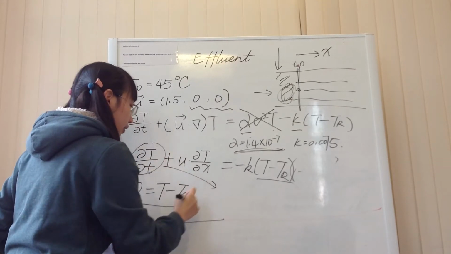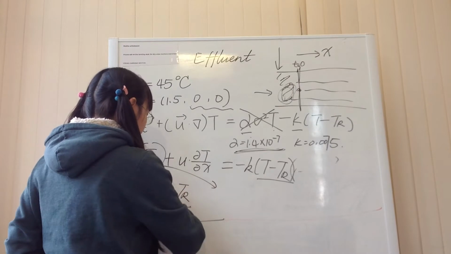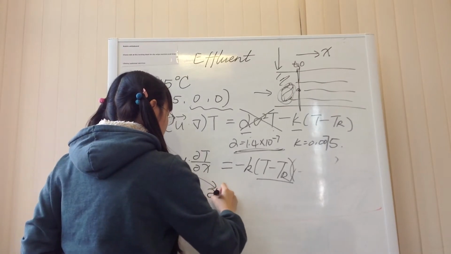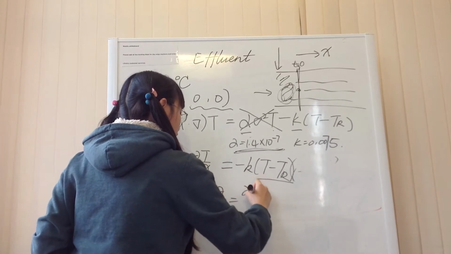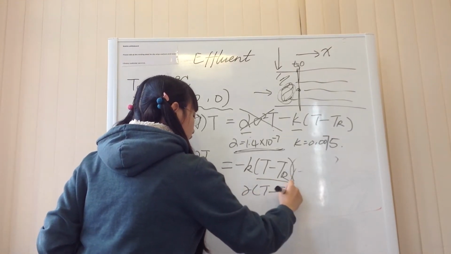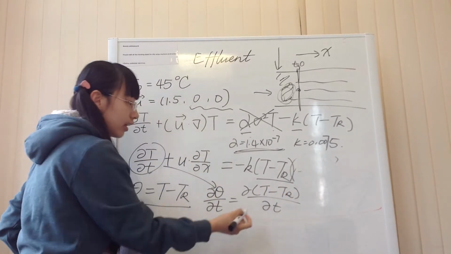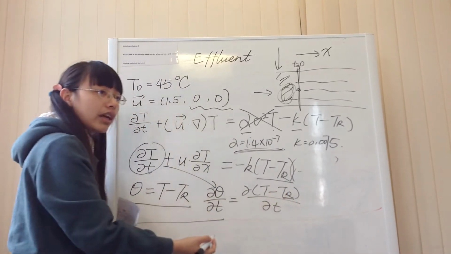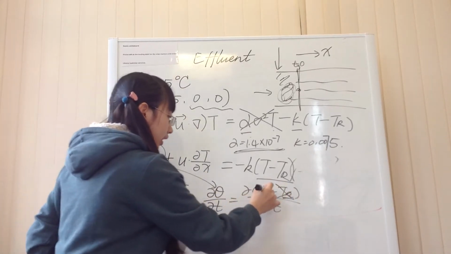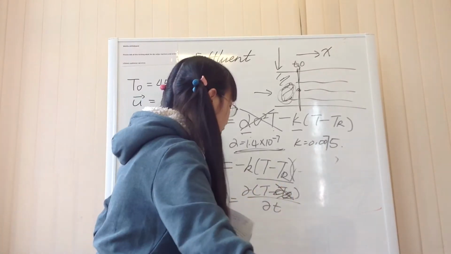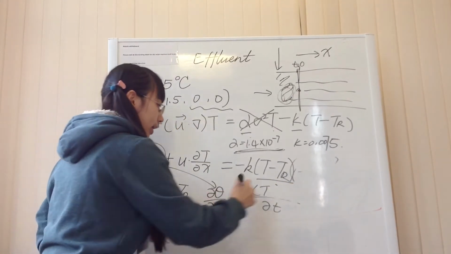We further simplify this because partial T over partial t: if you consider partial theta over partial t, it equals partial of T minus T river over partial t. Because T river is a constant, when you differentiate, it disappears. So partial T over partial t equals partial theta over partial t.